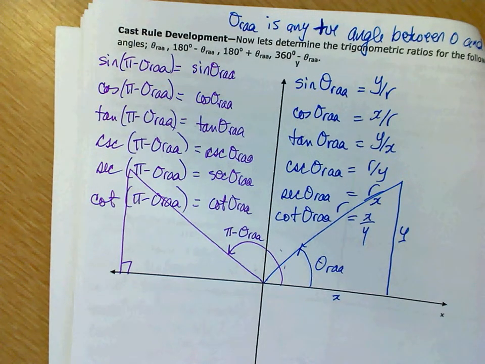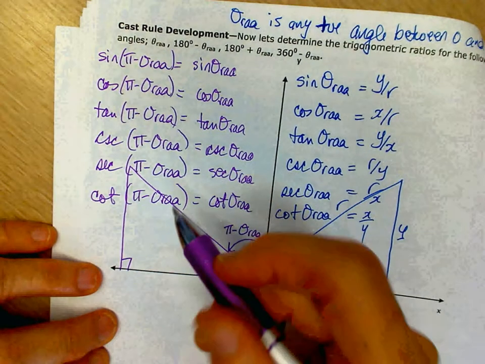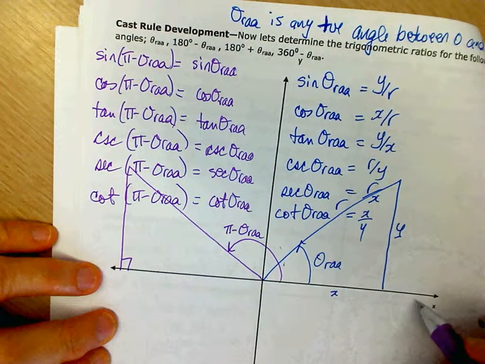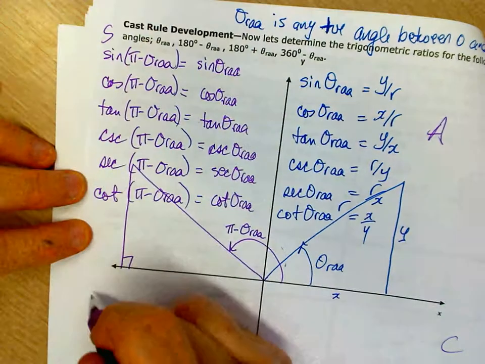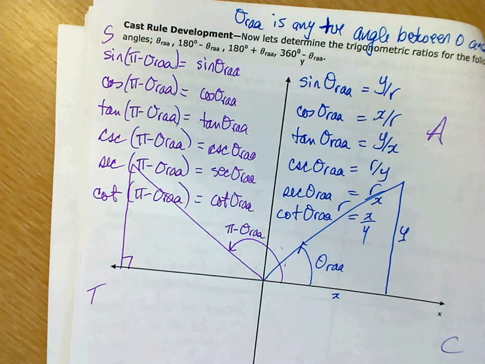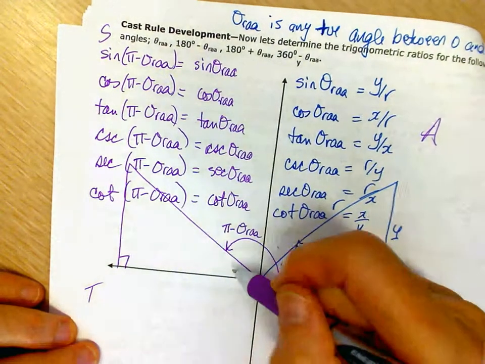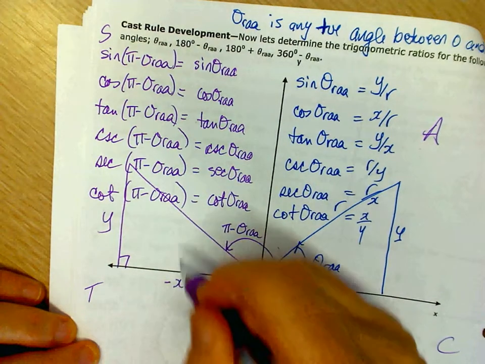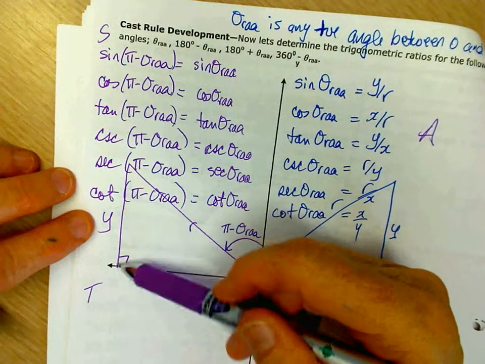Okay, so you know by the CAST rule that the only one that's positive is sine, and you can verify that because this is going to be y, this is negative x, this is r. You can see that y is a positive value, and r is always positive.